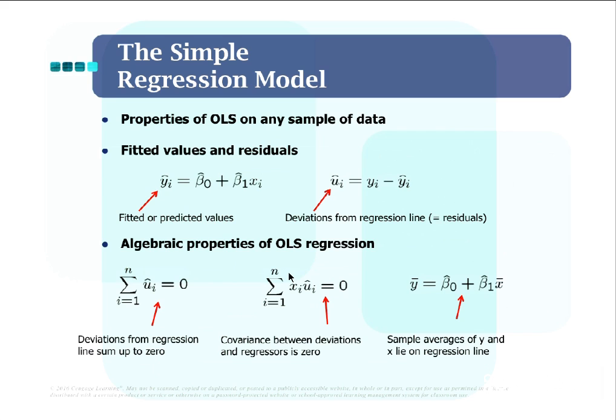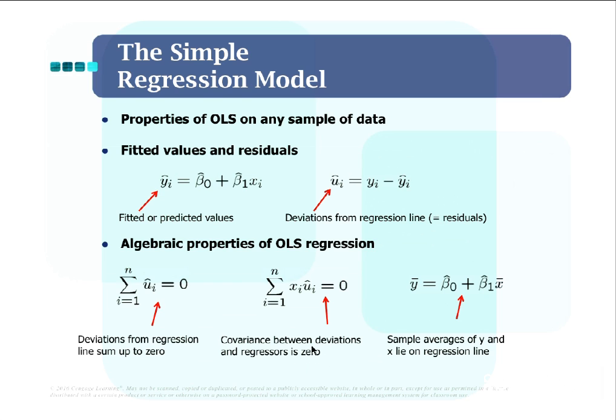And there are several very useful properties of this ui hat. First of all, the deviations from the regression line sum up to 0. If we compute the average of this ui hat, it is equal to 0, or the sum of this ui hat is equal to 0. Second, the sample covariance between deviations and regressors is 0.